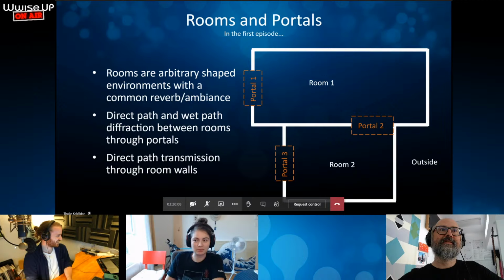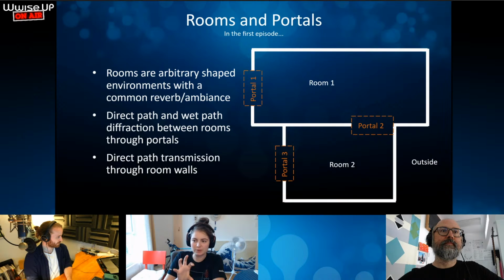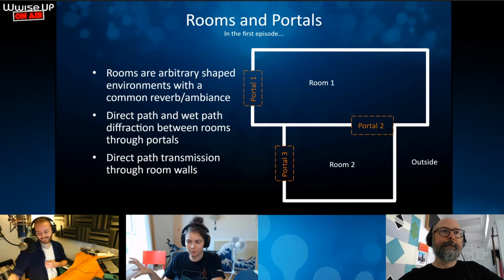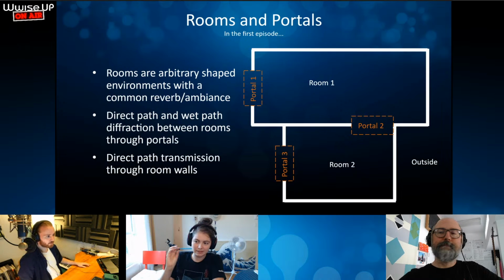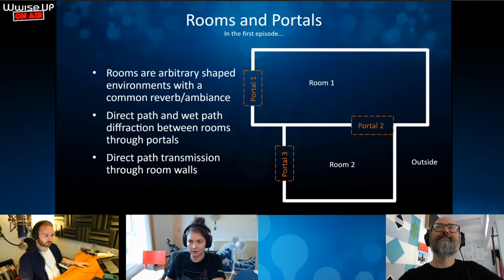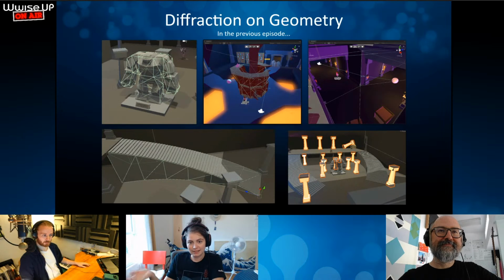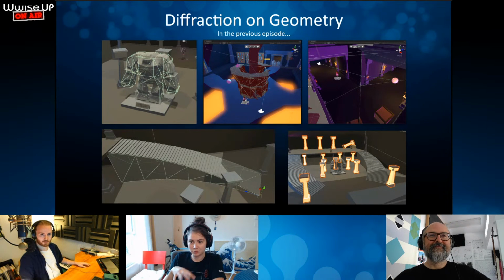In the first episode, we talked about rooms and portals. That was for reverbs. We could choose a room with a different reverb than another room, add a portal in between them, and the sound would propagate from one to the other, the direct sound and the reverb. Then in the next episode, we added geometry.